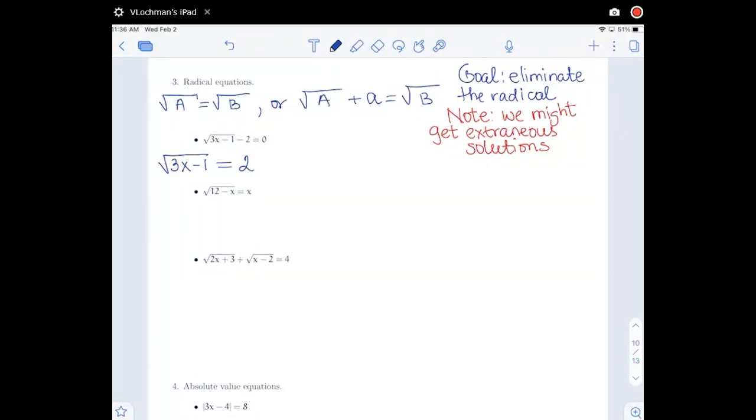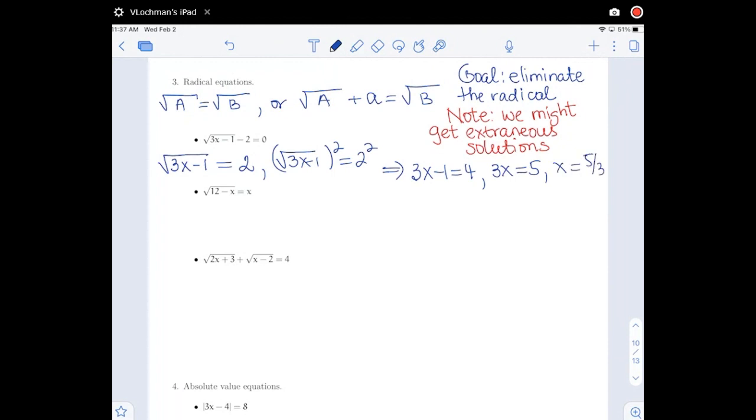This is one of the easiest examples because here we just square each side. So the square root of 3x minus 1, squared, is equal to 2 squared. From here, we get 3x minus 1 is equal to 4, right? So 3x is equal to 5, so x is equal to 5 over 3.